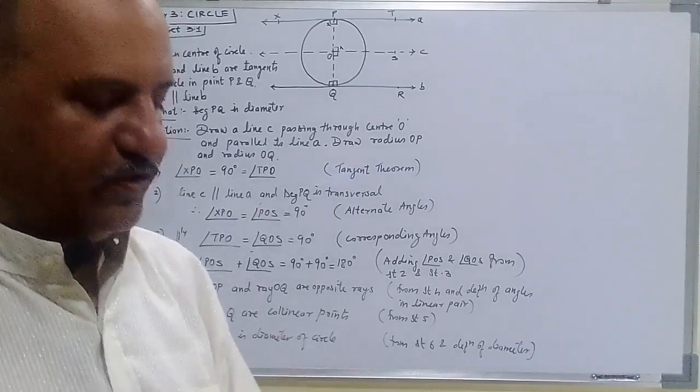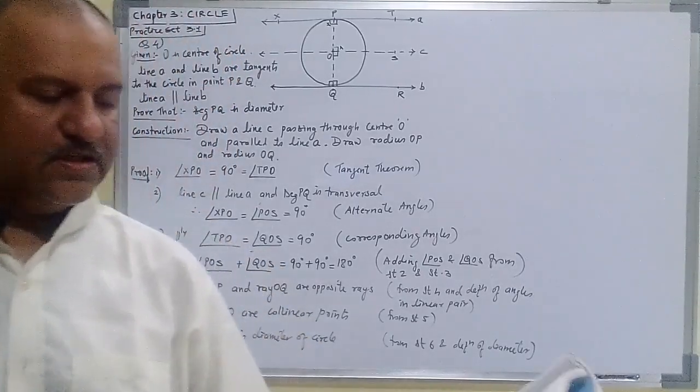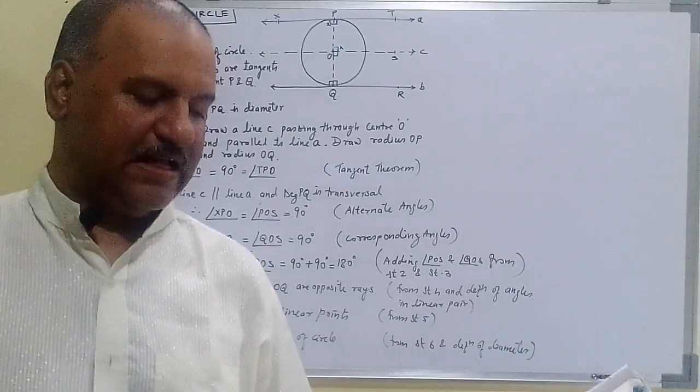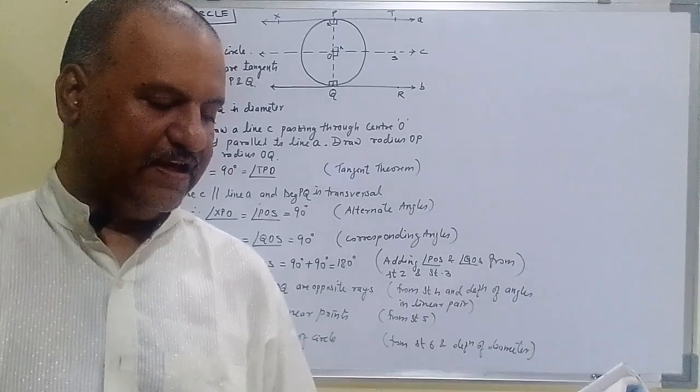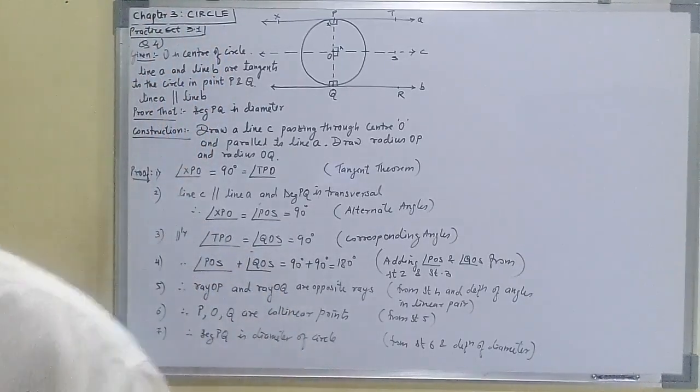We will read this question. What is the distance between two parallel tangents of a circle having radius 4.5 centimeter?